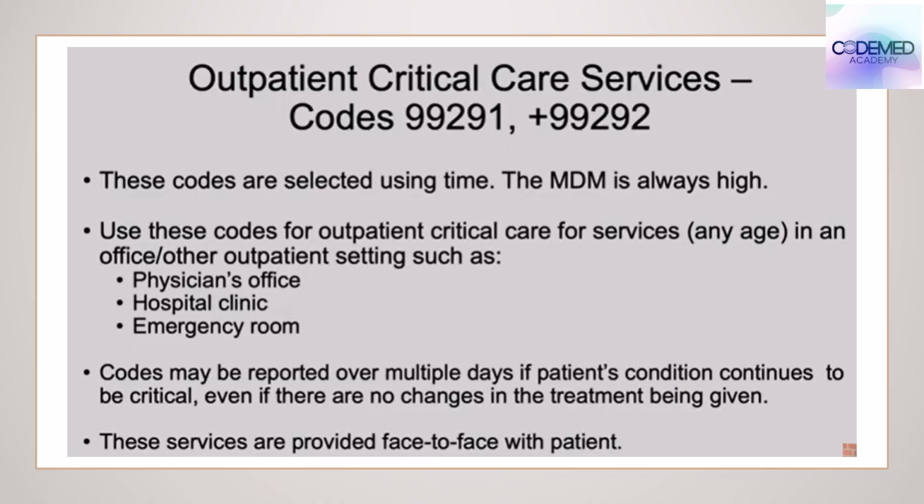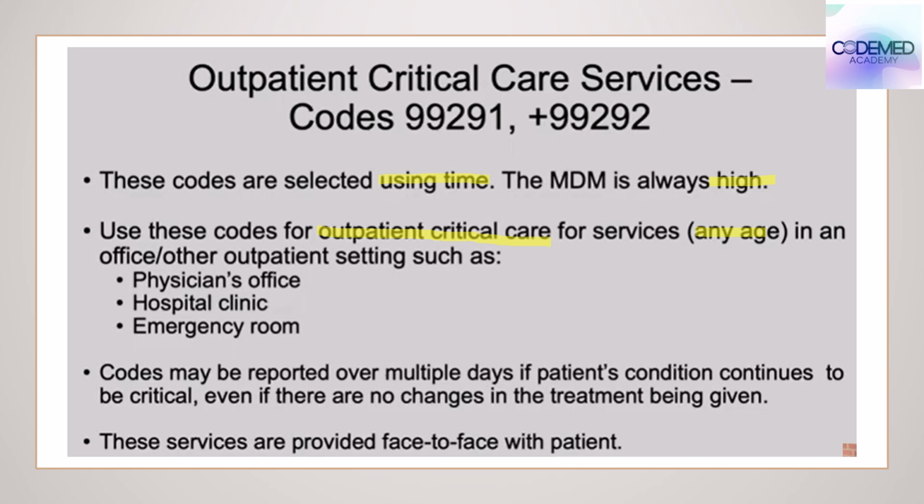So let us begin with outpatient critical care services. The codes are 99291 and 99292. These codes are selected using time. The MDM is always high, and you use these codes for outpatient critical care for any age in the office or other outpatient setting such as a physician office, hospital clinic or emergency room.